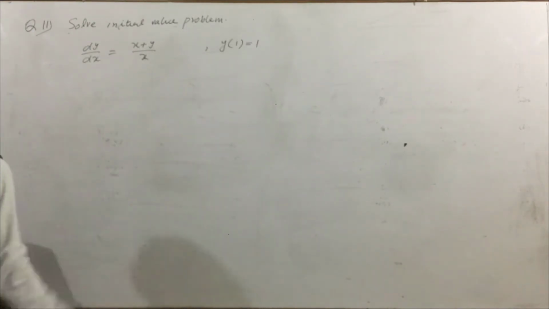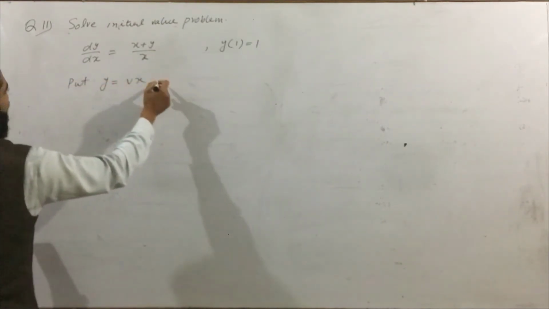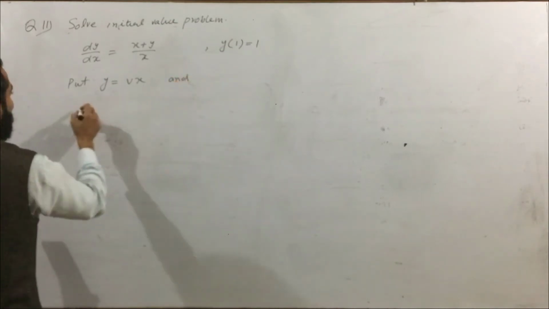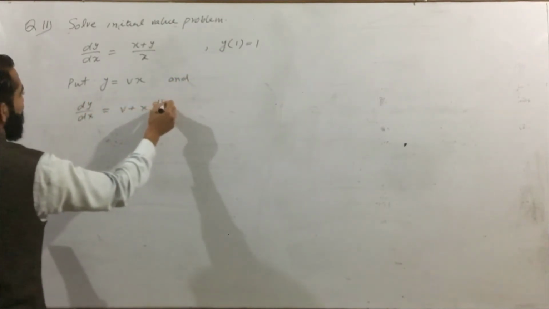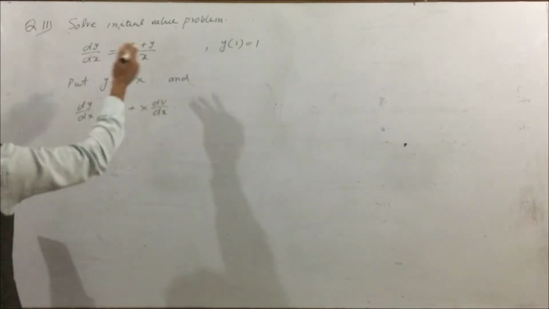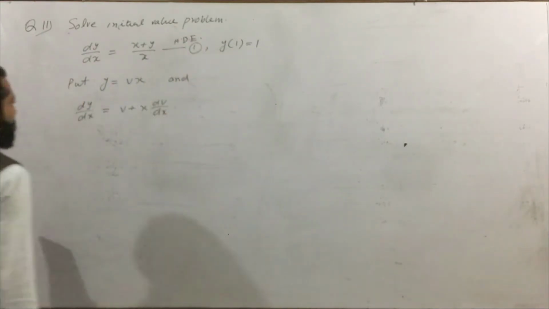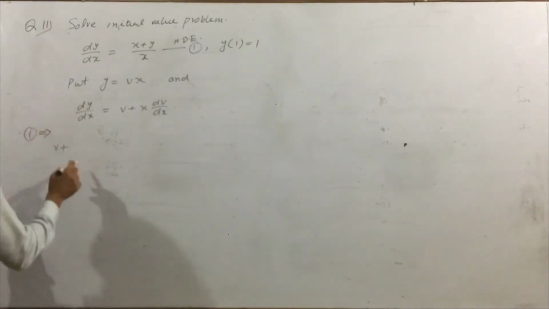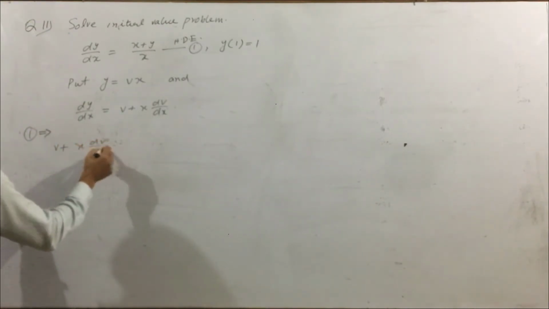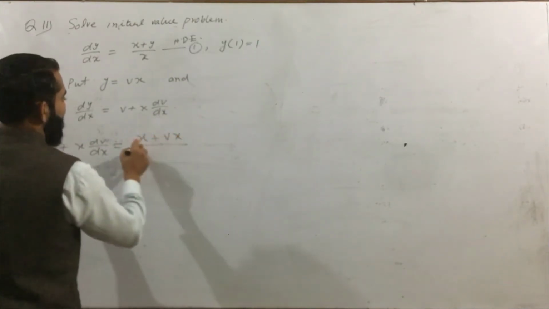Now we can say that this equation is a homogeneous differential equation. So we put y is equal to vx and dy over dx is equal to v plus x dv over dx in equation number 1. Then v plus x dv over dx is equal to x plus vx divided by x.